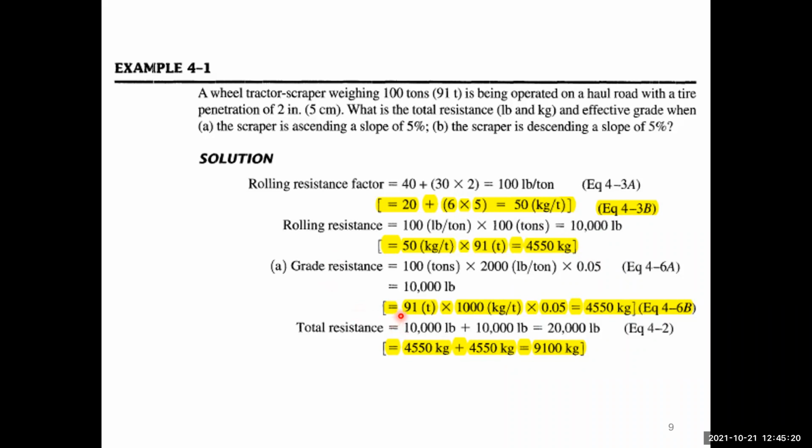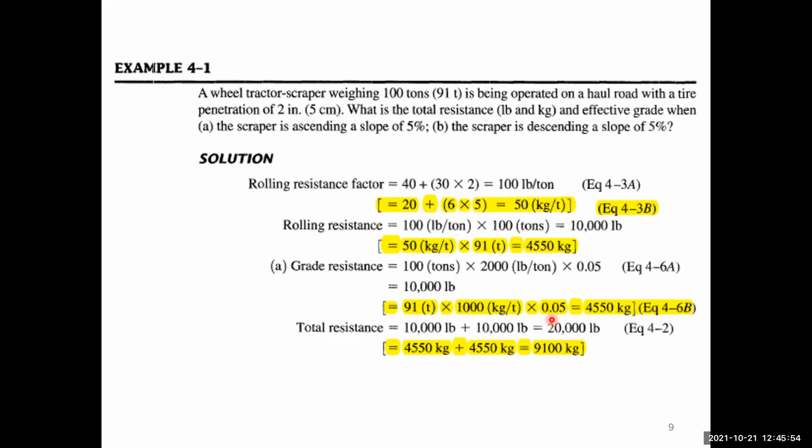The grade resistance is equal to 91 ton, which is the weight of the machine, multiplied by 1,000 kilogram per ton, because in 1 ton we have 1,000 kilogram. So that is the total weight in kilogram, and multiplied by 0.05, which is the 5% slope.